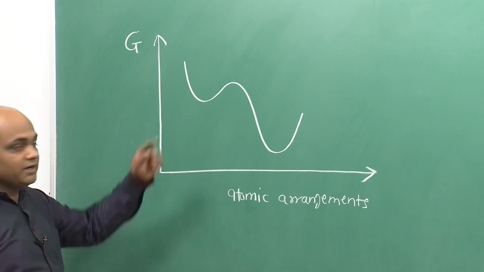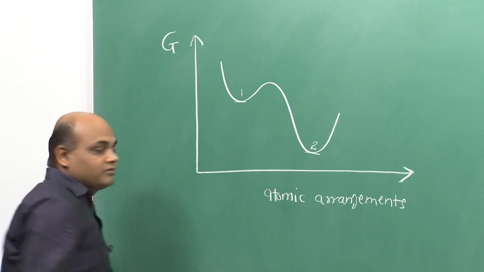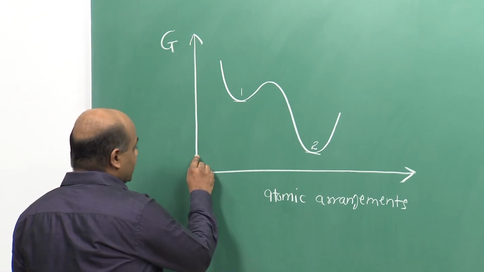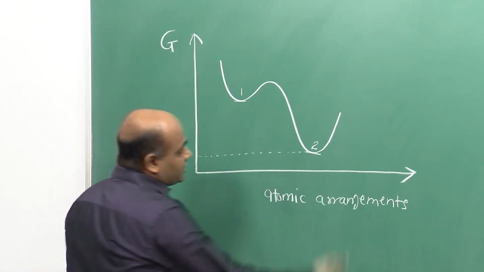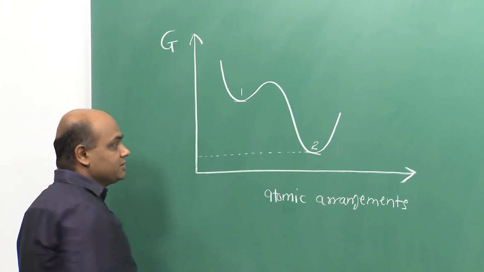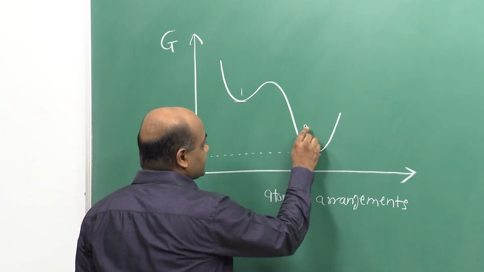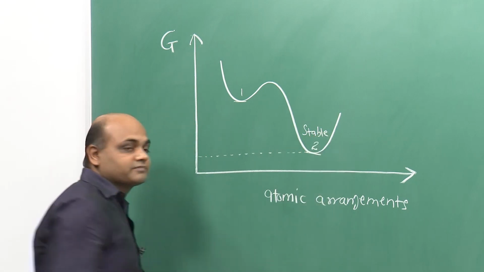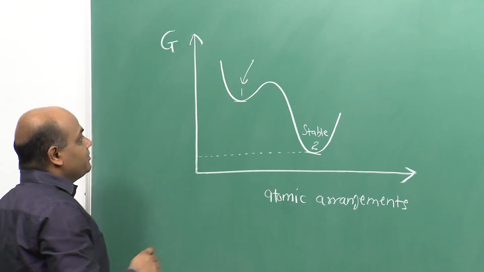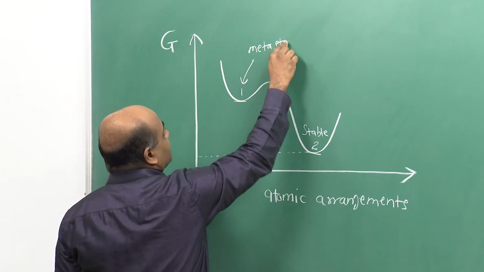Now there are two equilibrium states, called state 1 and state 2, which have minima in the Gibbs free energy, but state 2 is characterized by what we call the global minimum, that is the Gibbs free energy of state 2 is the lowest of all other states, and so this is the stable state. State 1, which is characterized by the local minimum in Gibbs free energy, is referred to as metastable state.